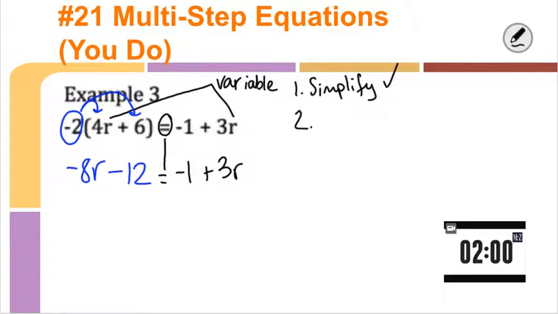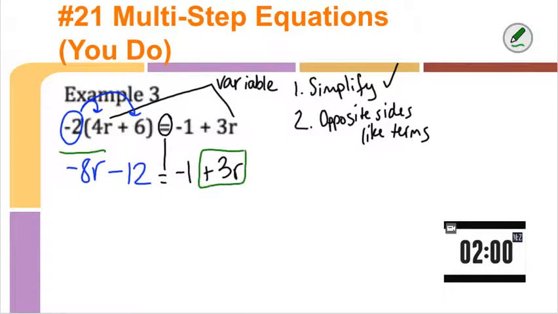So now I'm going to do opposite sides for the like terms. So if I look on opposite sides, I notice I have a positive 3r and a negative 8r. Those are like terms. Let me keep my middle here so I don't get confused. Alright, but now to get them onto the same side, I need to use some zero pairs.